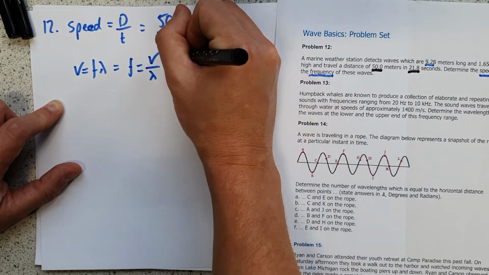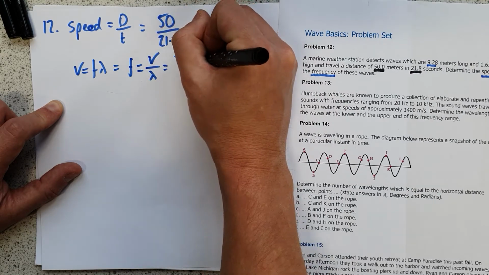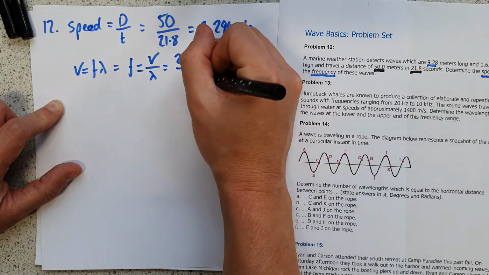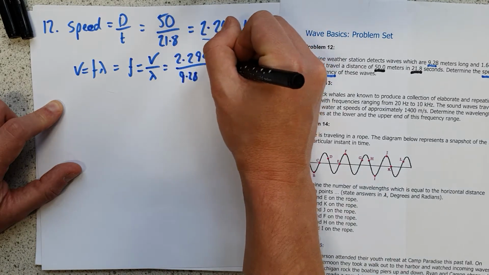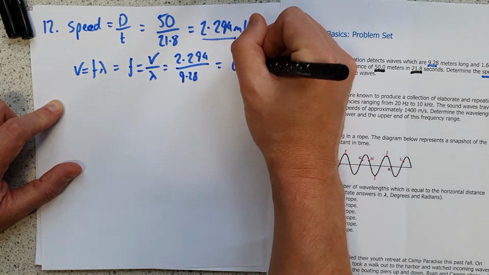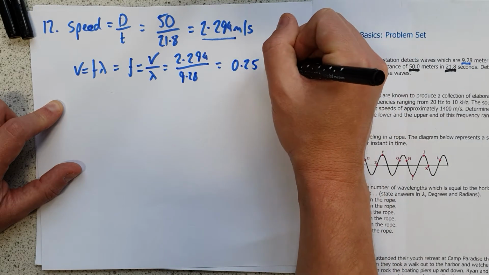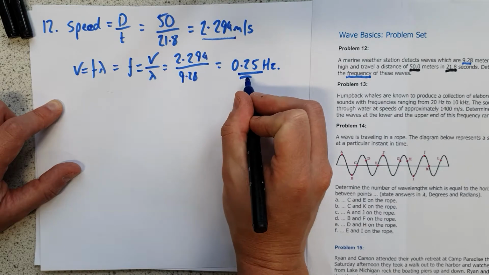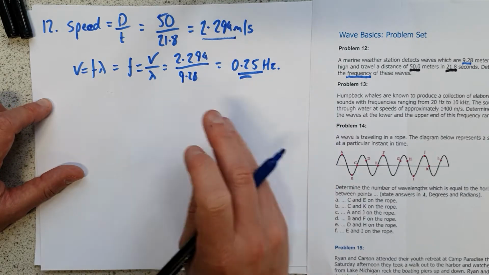So that's 2.294 all over 9.2. Put that into a calculator and it will give you 0.25 hertz, rounded to 2 decimal places, and there's your answer. Okay, so that's number 12.